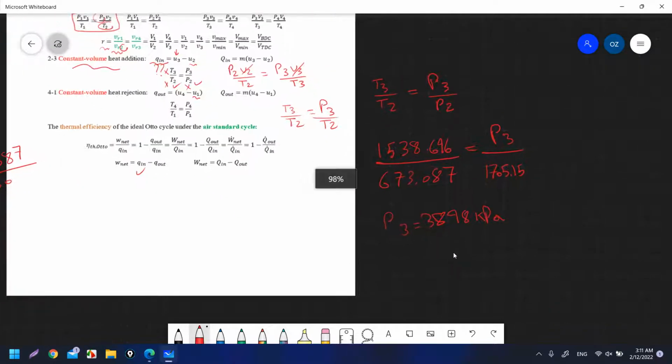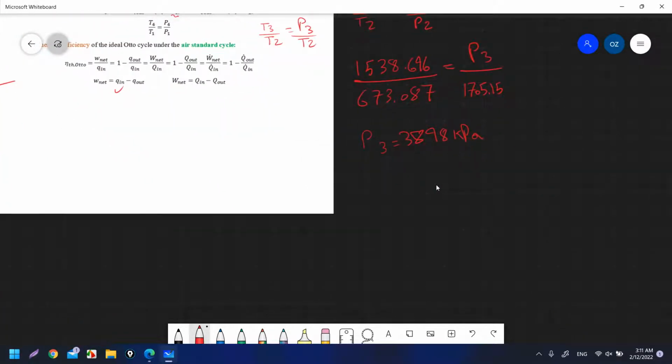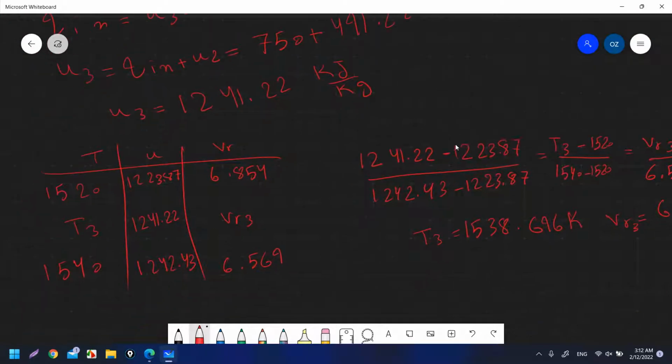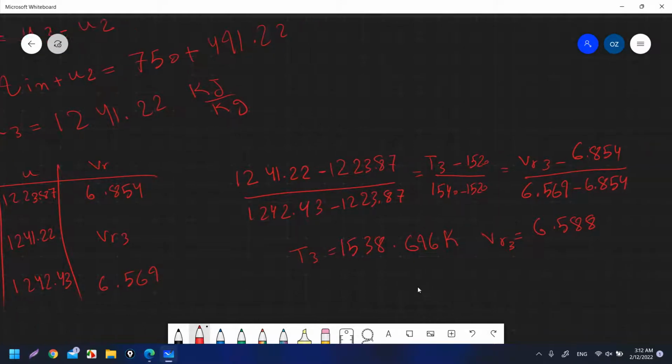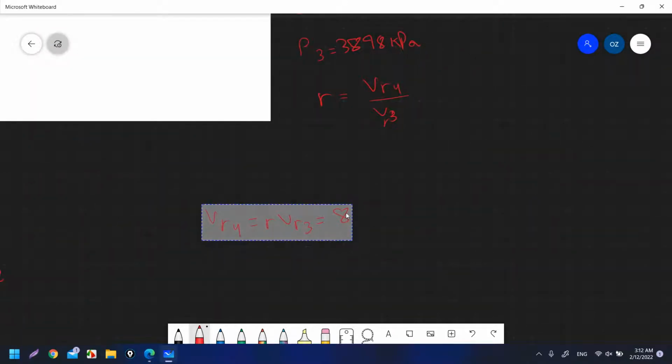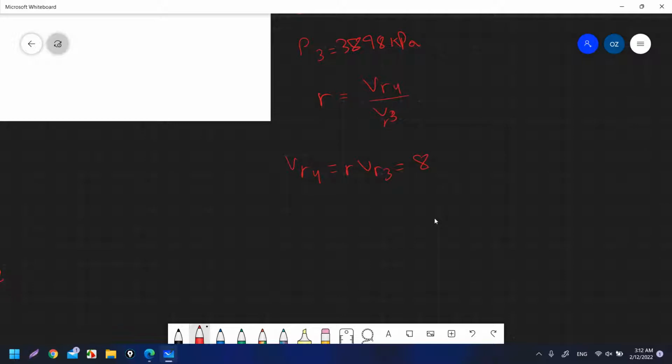R is equal to VR4 over VR3, and I have VR3 and I have R, so VR4 is equal to R times VR3, where R is 8 and VR3 you got from the interpolation, equal to 6.588.